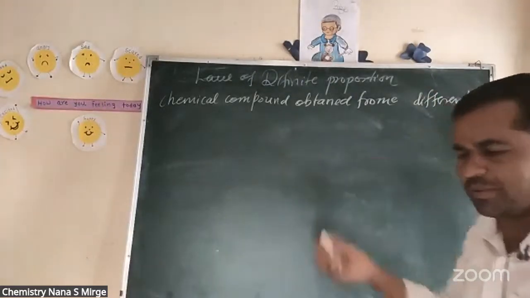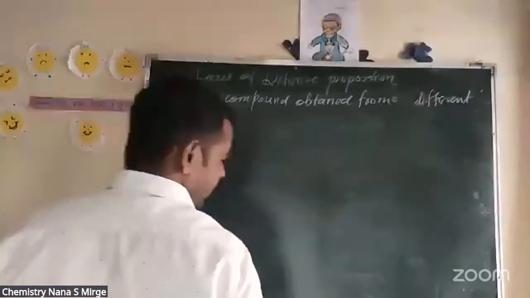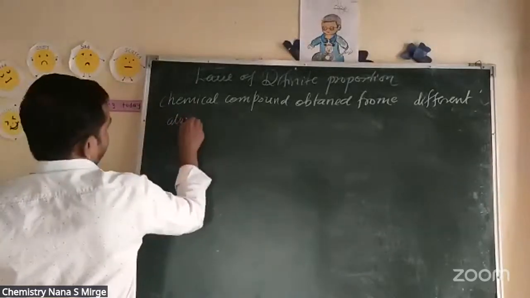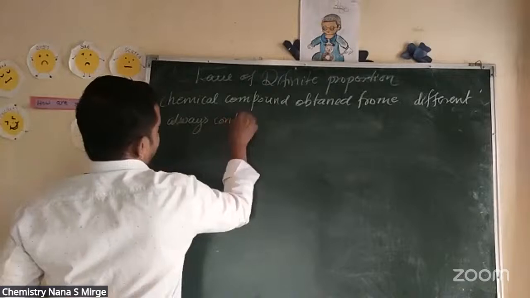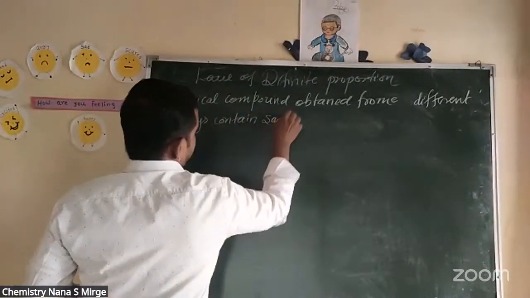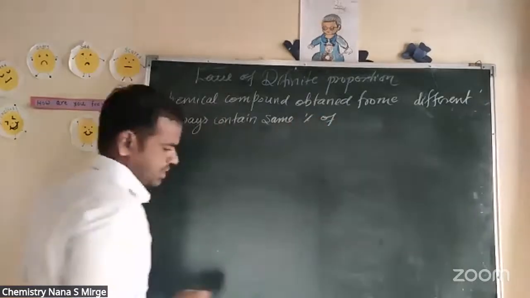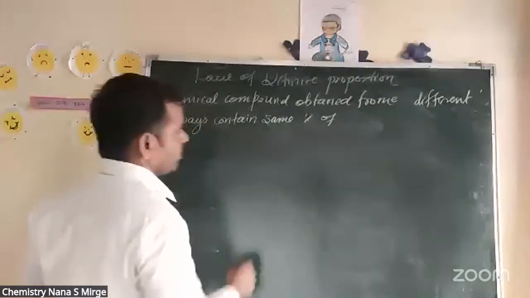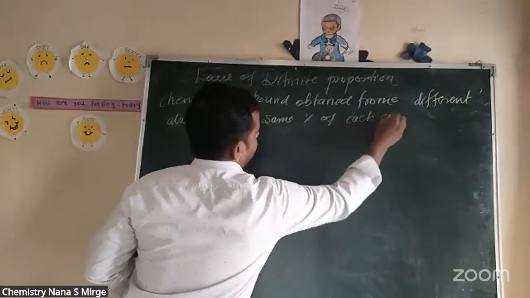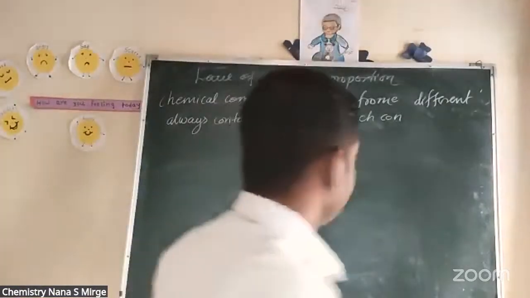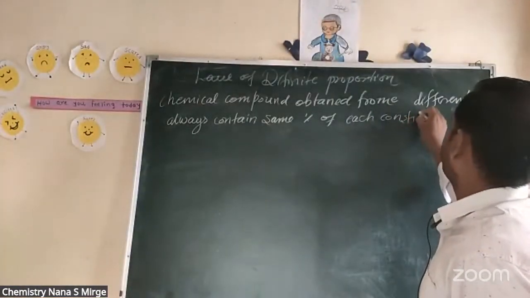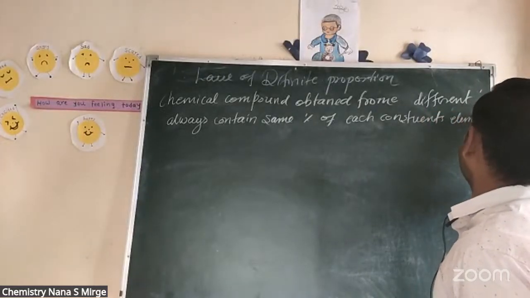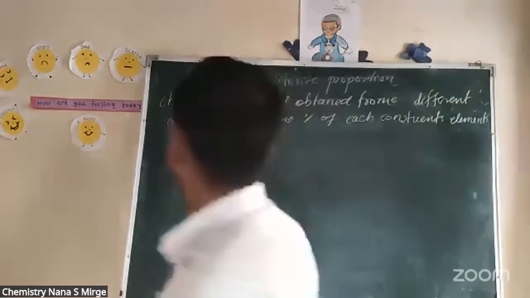Different sources, the source can change, take it from anywhere, different sources always contain the same percentage of each constituent element. Look, each constituent element. What is meant by the law of definite proportions?